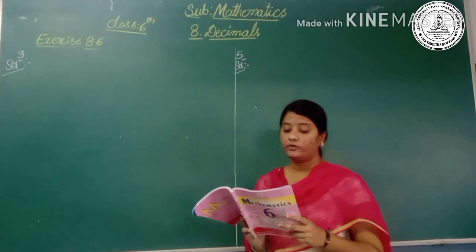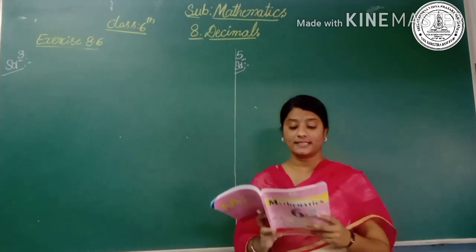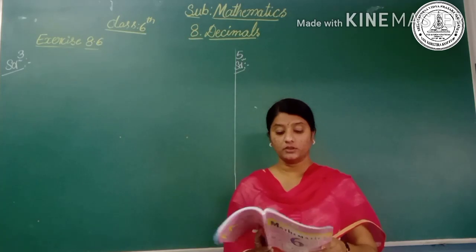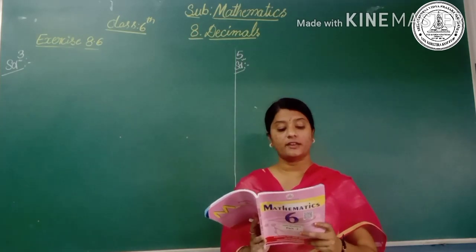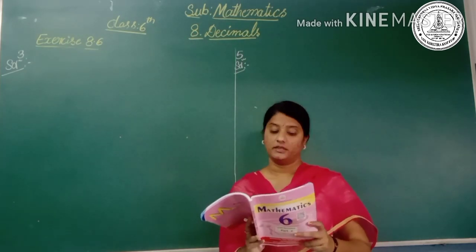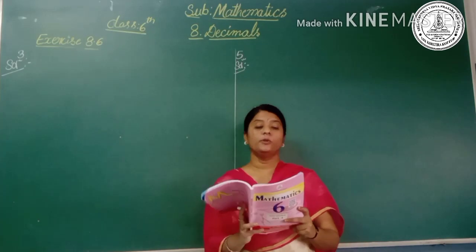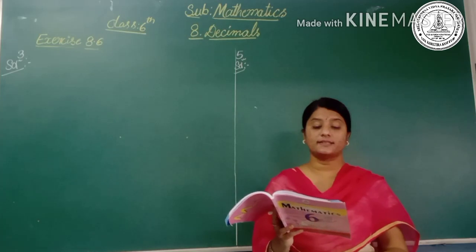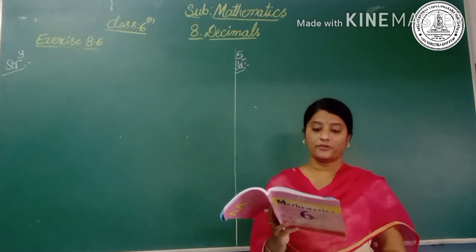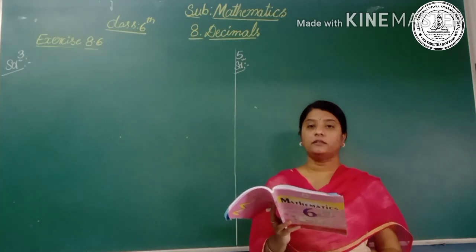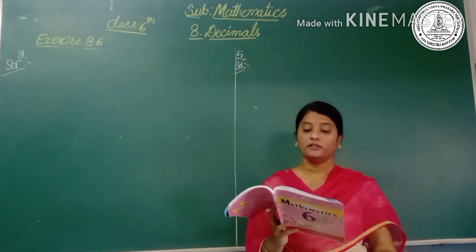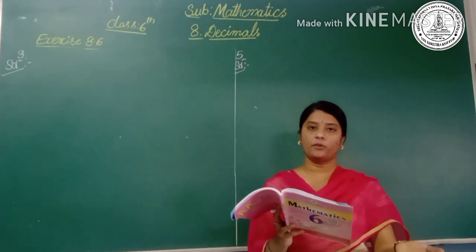Raju bought a book for rupees 35.65. He gave 50 rupees to the shopkeeper. How much money did he get back from the shopkeeper? Here Raju has bought a book whose cost is 35.65 rupees, and he gave a 50 rupees note to the shopkeeper.